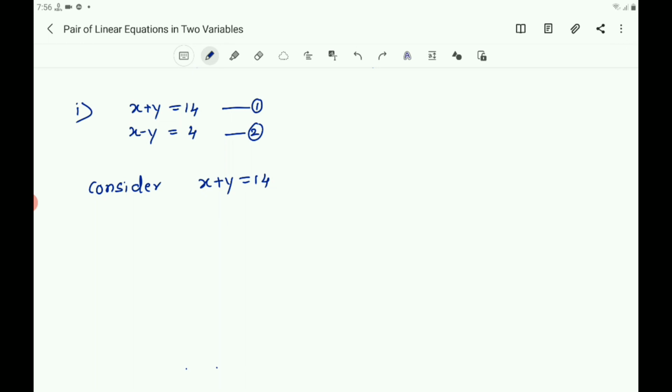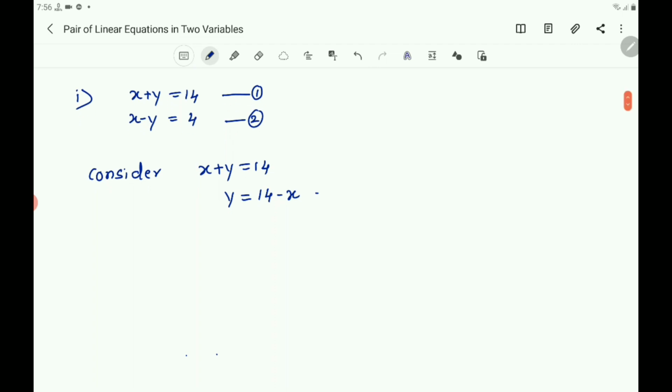Here you can transfer x or y because both of them have the coefficient 1. So let us take y equals 14 minus x, or you can also take x equals 14 minus y. Both are possible here. Now consider this the third equation.